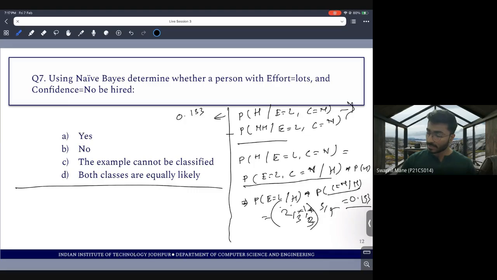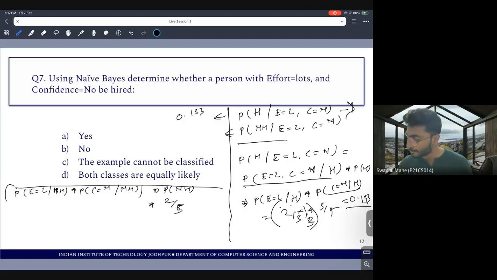So let's calculate what the probability could be for the other category. The same thing I am writing here: efforts is equal to lots, given not hired, times the probability of confidence is equal to no, given not hired, times the probability of not hired. The probability of not hired is 2 divided by 5.